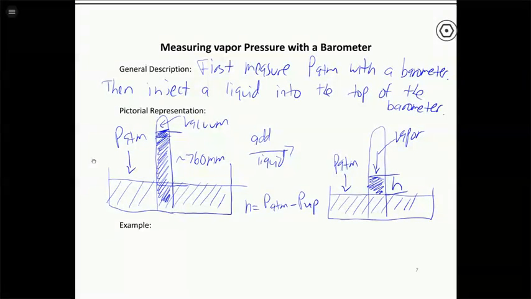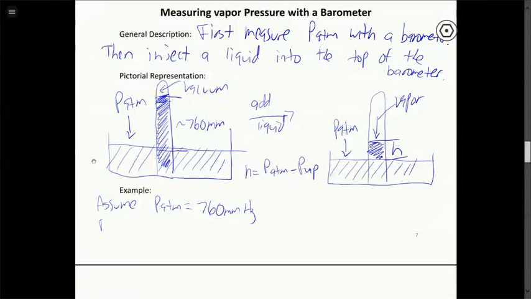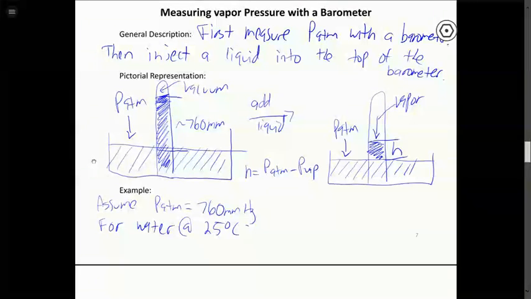As an example, let's assume that we have exactly 760 millimeters of mercury as our atmospheric pressure. If we had water at 25 degrees Celsius, let's say we're doing this at room temperature, and we put water into the top part, we would measure a height of 736 millimeters of mercury.